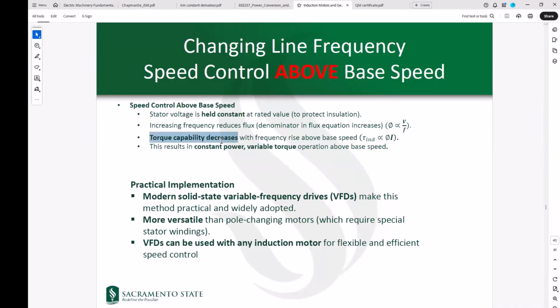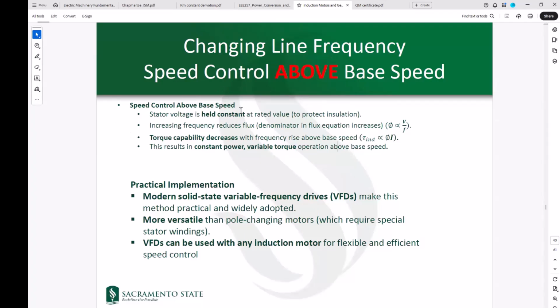And torque capability will decrease because you are decreasing the flux. When you are decreasing the flux, then you're decreasing the torque, tau. This results in almost constant power and variable torque operation when you are above the base speed.